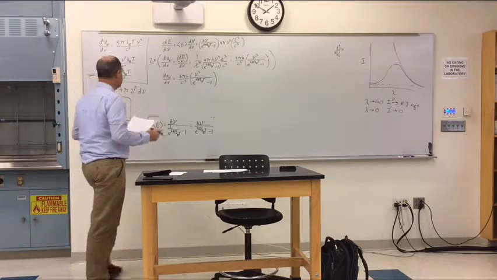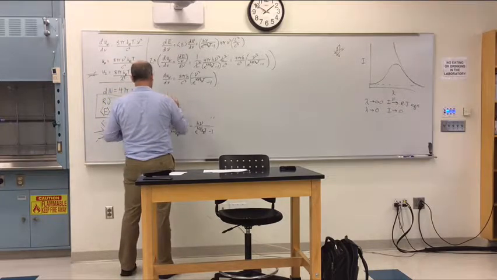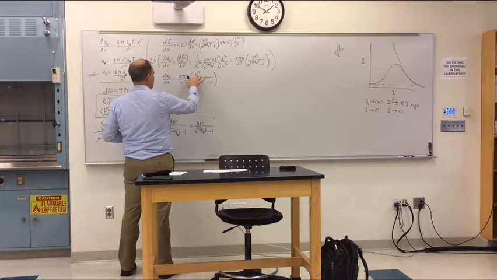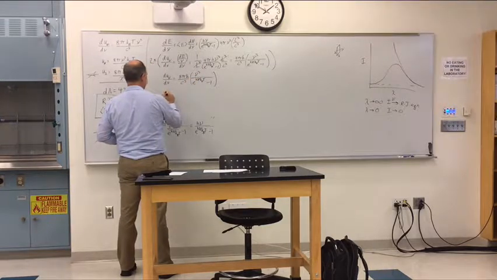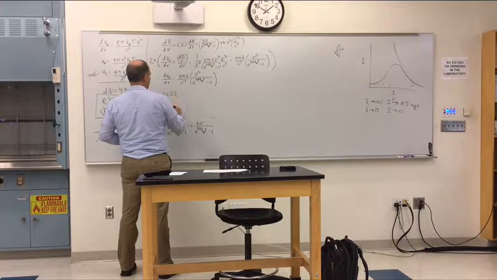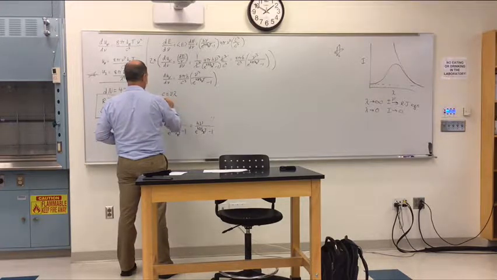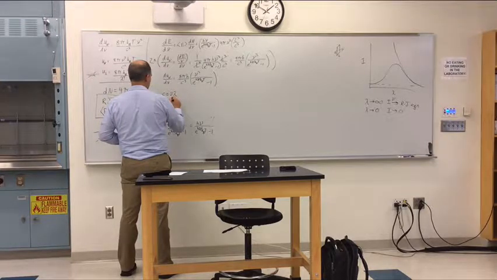To do that, we can take the frequency that's up here. If you remember, our speed of light is equal to the frequency times the wavelength, which means that our wavelength is equal to c over frequency.